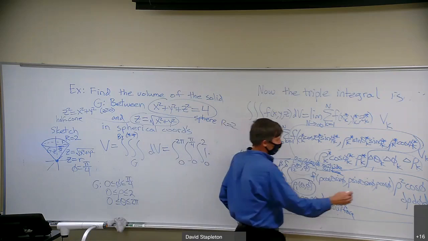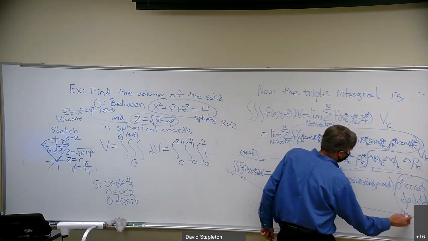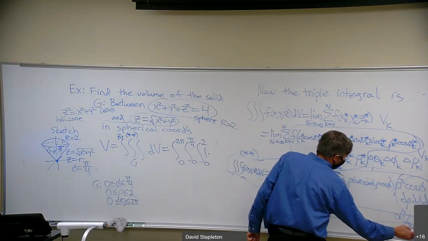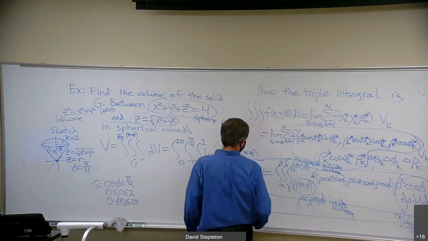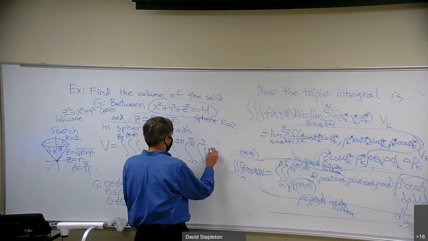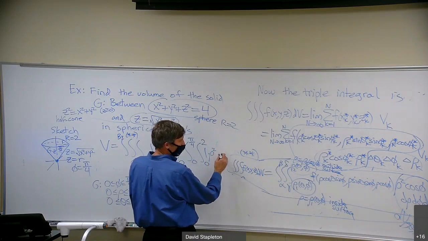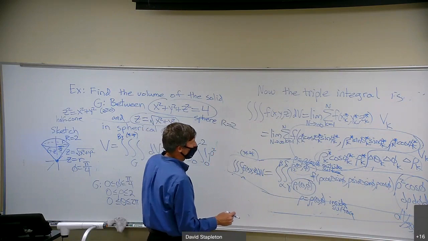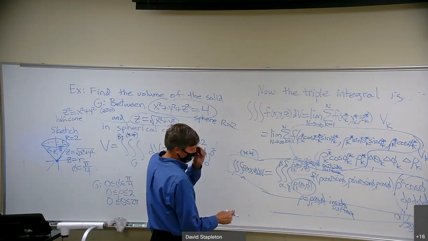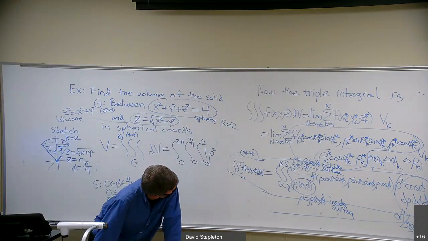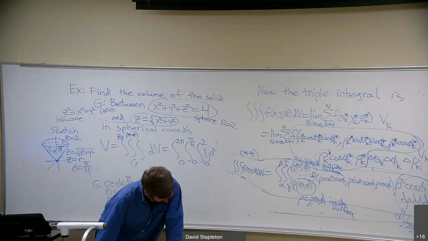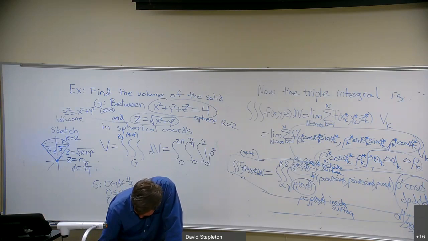But we've got the volume element, sometimes we call this dV, in rho theta phi coordinates, is rho squared sine... I'm messing this up. Let's see. I wrote that backwards.